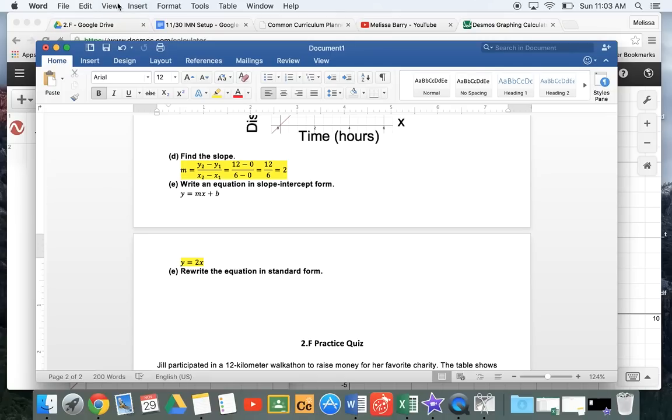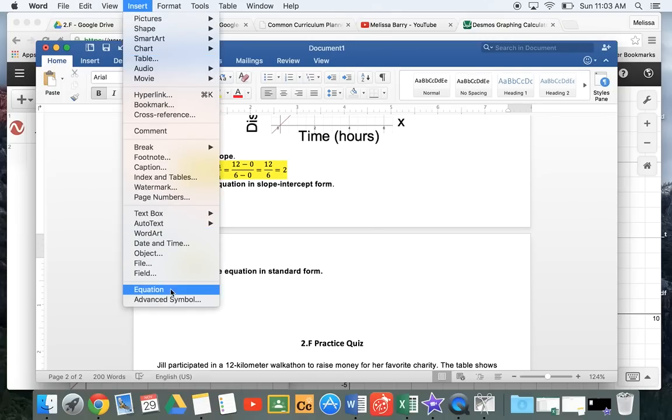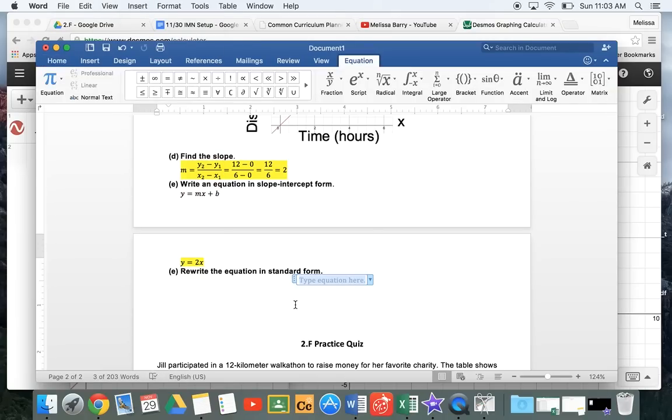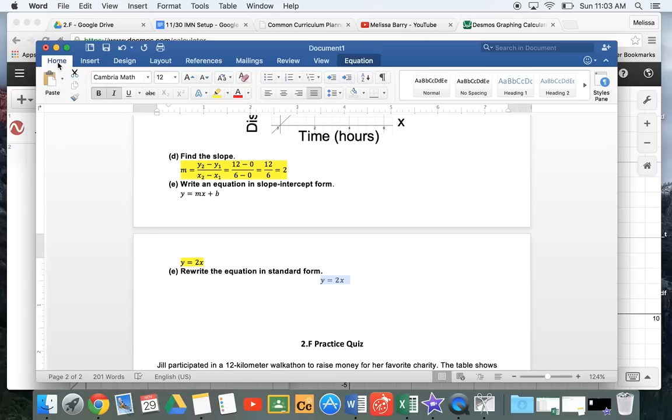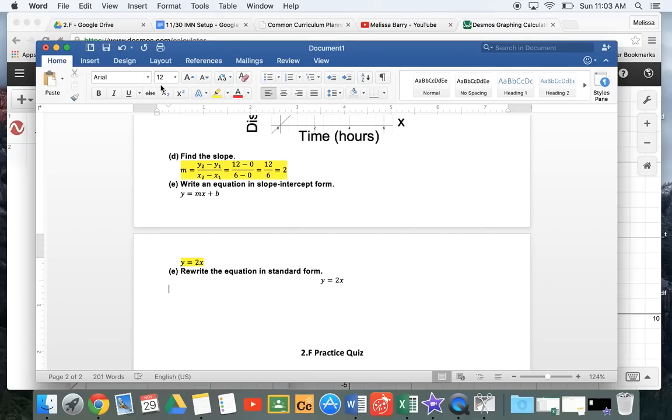So I'm going to go ahead and insert an equation. And it was y equals 2x. And to do that, we would have to subtract 2x on both sides.